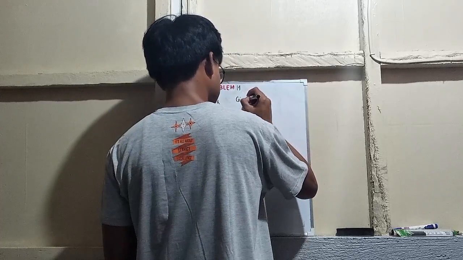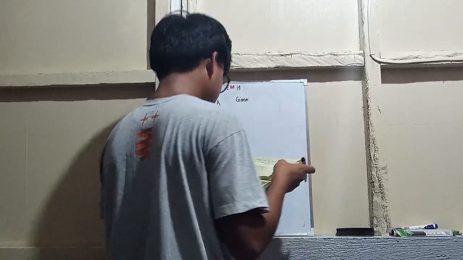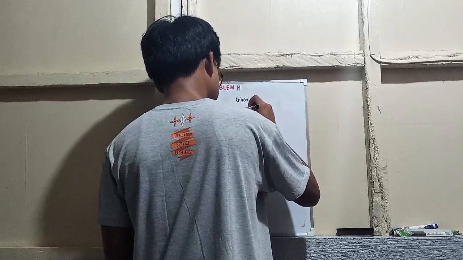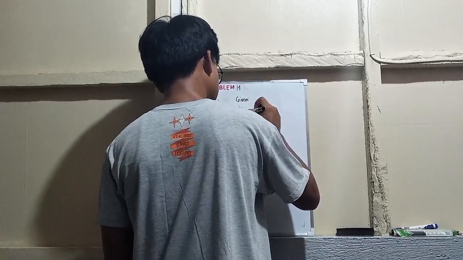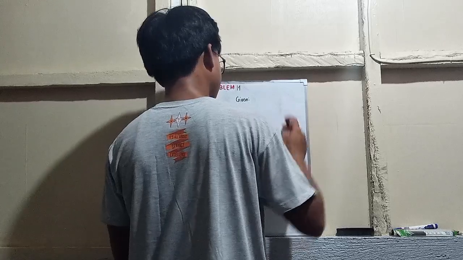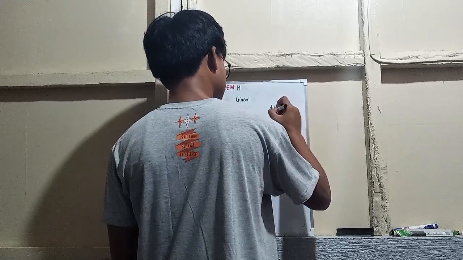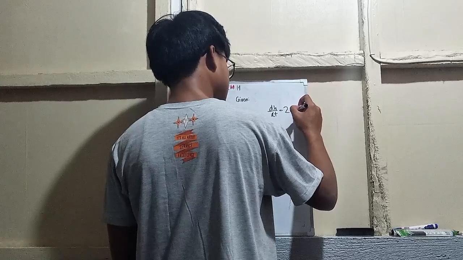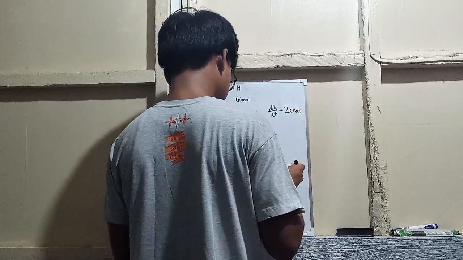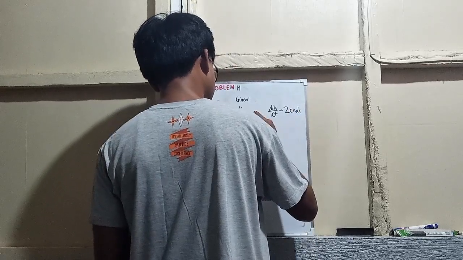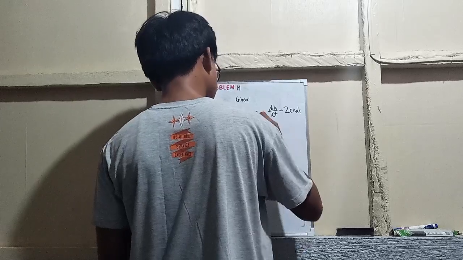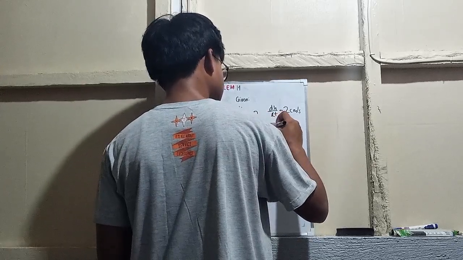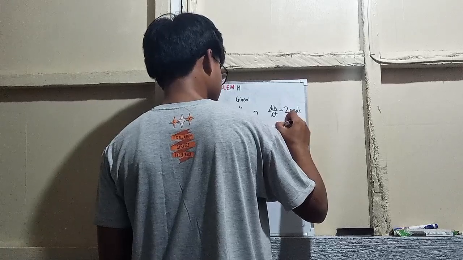So, we'll have the rate of the base as 0 and our height dh over dt as 2 centimeters per second. Then it is also mentioned that our height is equal to 12 and our base is equal to 10.